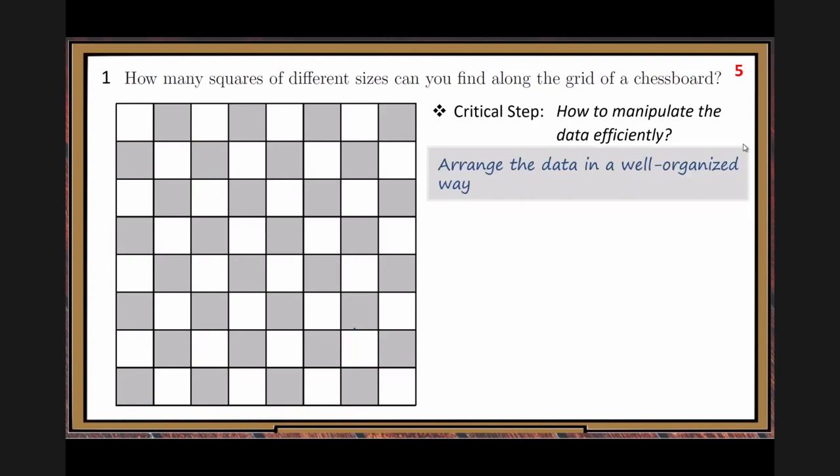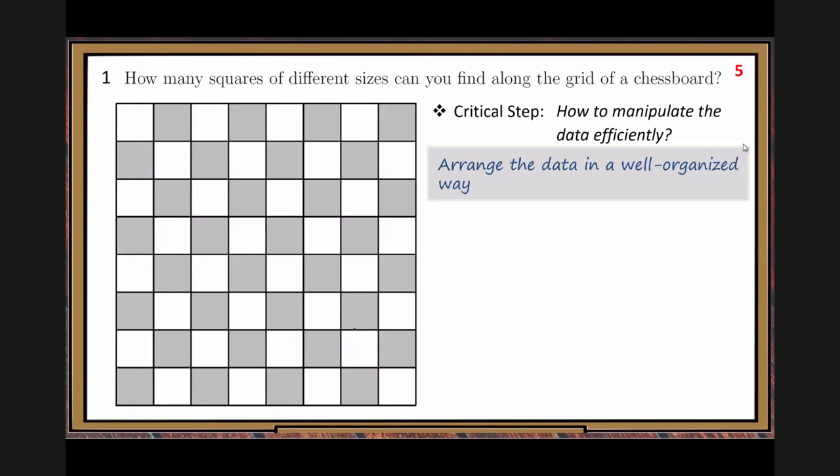Arrange the data in a well organized way. That's an important step in problem solving. The reason is very simple. In your everyday life, when you organize your stuff well, you can find things easily, right?